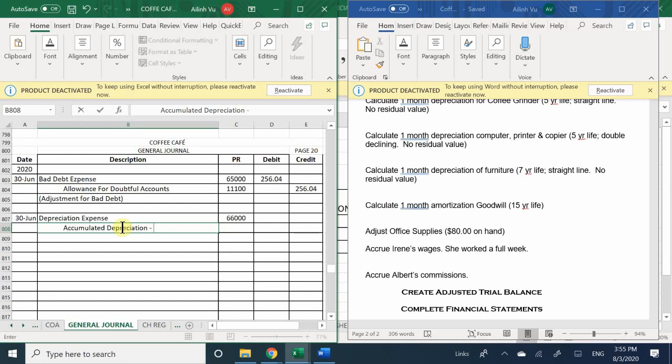That's the credit account for bistro table and chairs. It has to be worded exactly as it is written in the chart of accounts. Chairs, and that number is 13010.